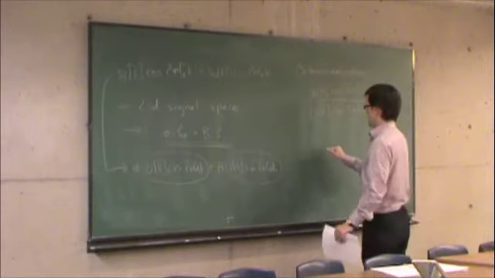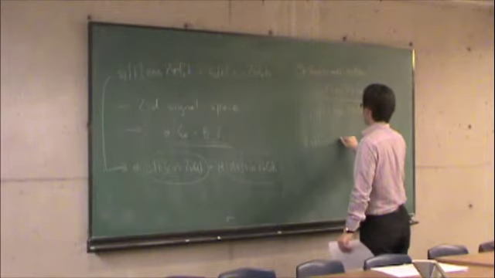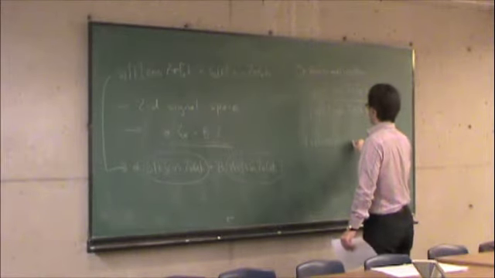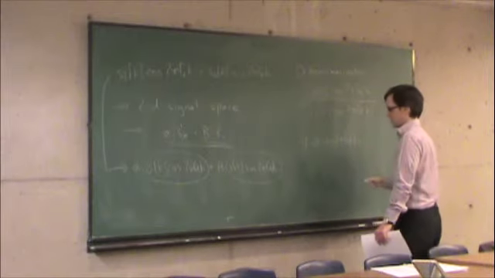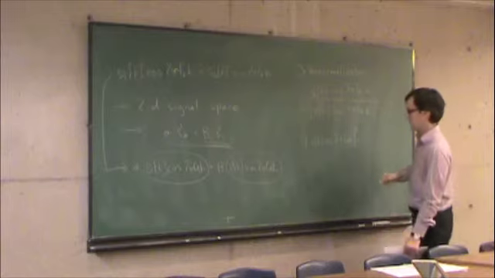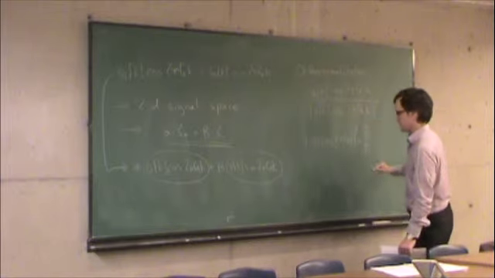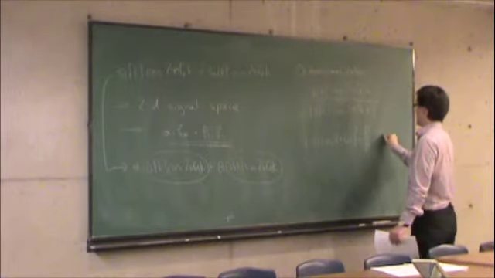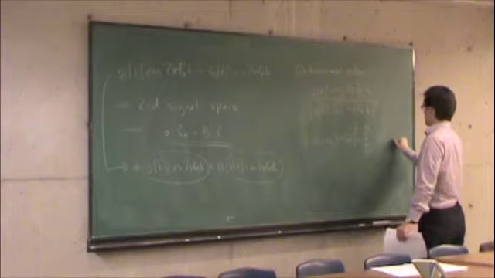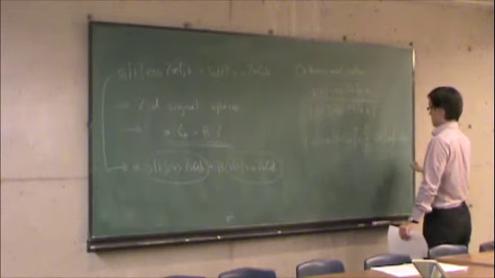What is this? The norm of S k cos 2 pi f d k is equal to, well, for one thing, that squared is equal to the sum from k equals 1 to N B, there's N B elements here, of S k squared cos squared 2 pi f d k.